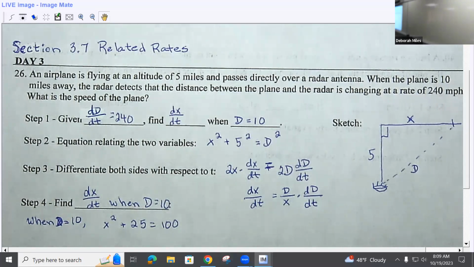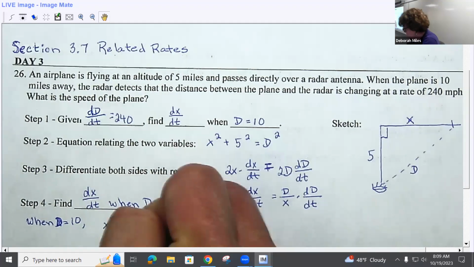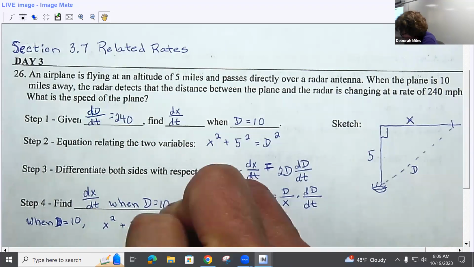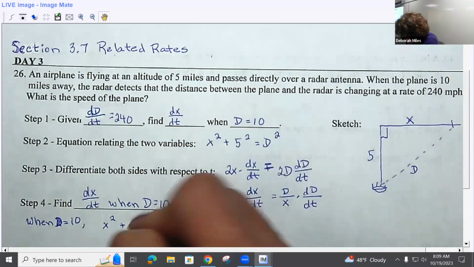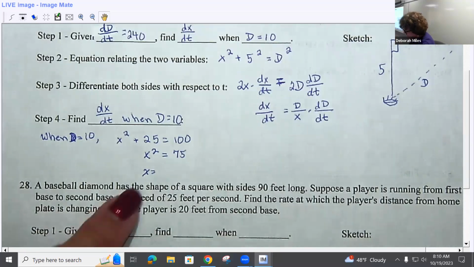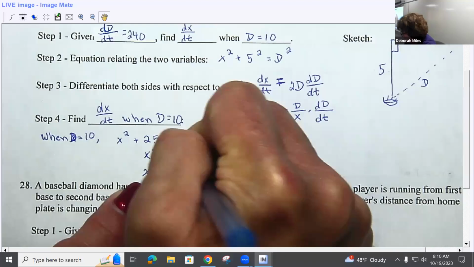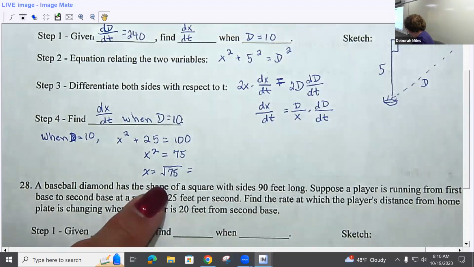So subtract 25 from both sides, and take the square root of both sides. Why do I not need a plus or minus here? Yeah, we're talking about a distance, and a distance can't be negative. So x is the square root of 75.